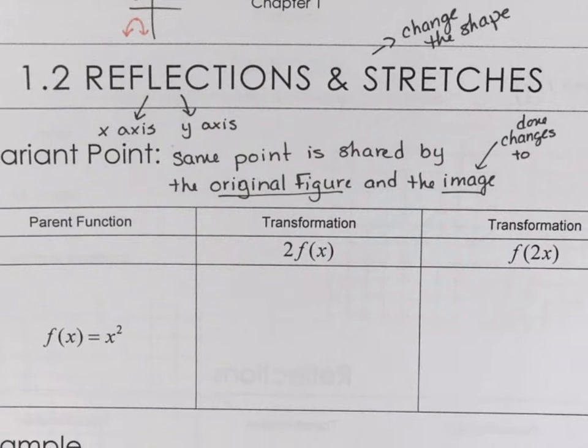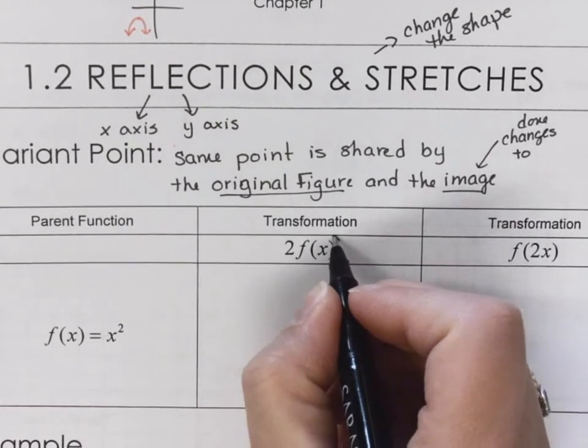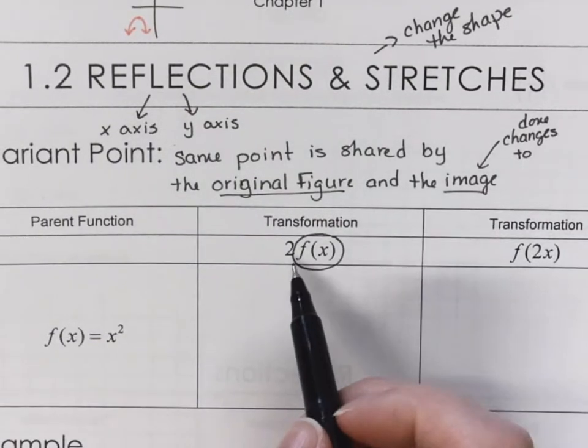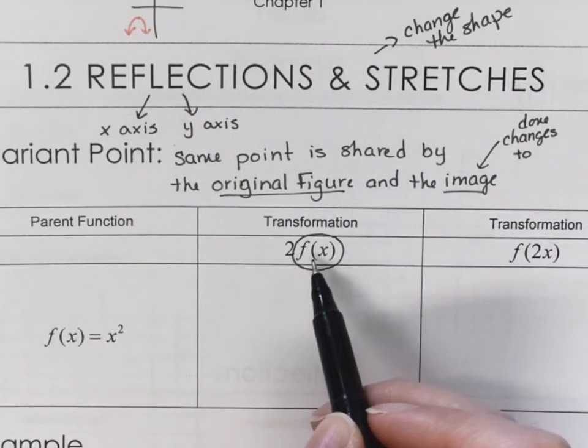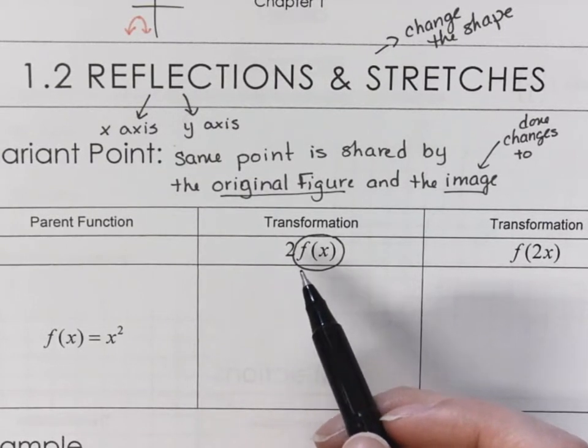All right, so let's talk about this. What does f of x, what did we say that variable got replaced with? Y. Y. So if you were to look at this, what is this? This is 2y. 2y. What math are we doing in between the 2 and the y? Timesing by 2, right?